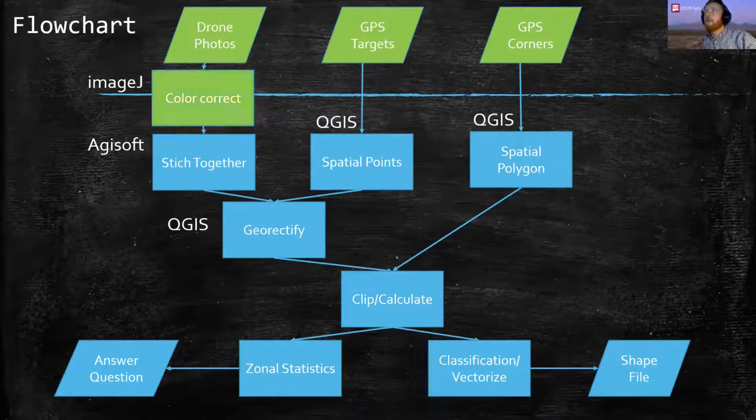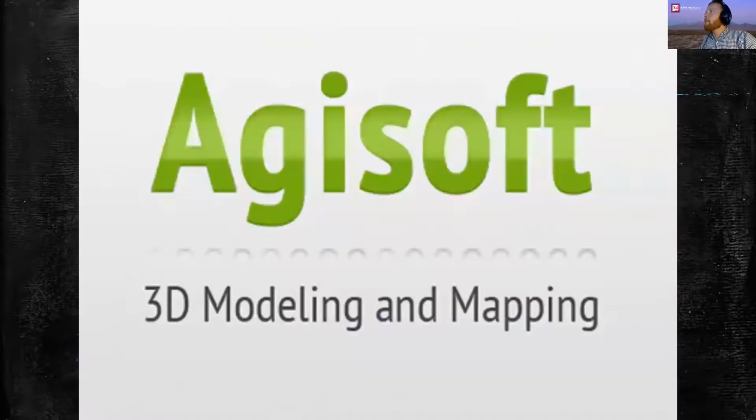And now it looks like we're going to get to stitch things together. How I do that is with a program called Agisoft. If you're interested in starting your own business, the business license for this program is a one-time fee of $180. That seems a little expensive, but the drones are a lot more expensive.